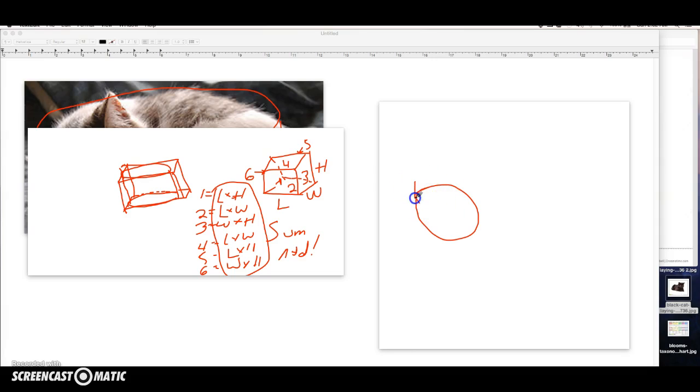You saw I made a square or a rectangle around it, but you could also make a triangle around it. You could make a pentagon around it. You could make a hexagon around it.